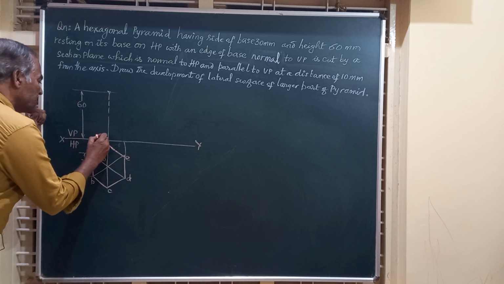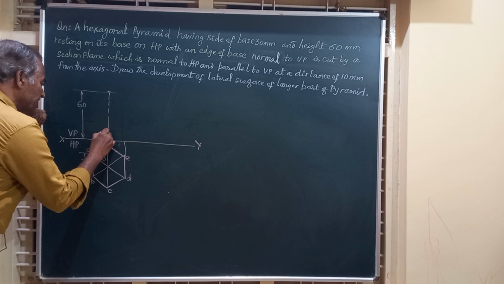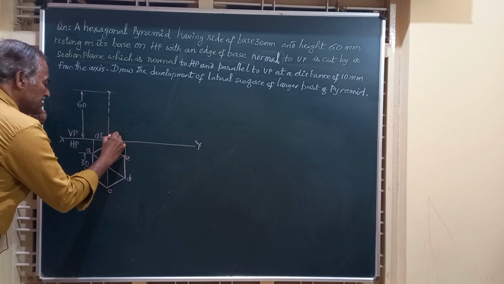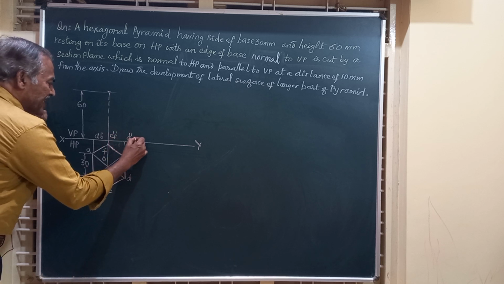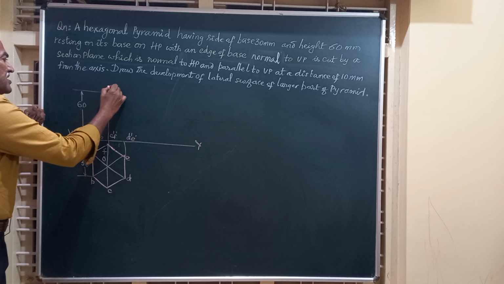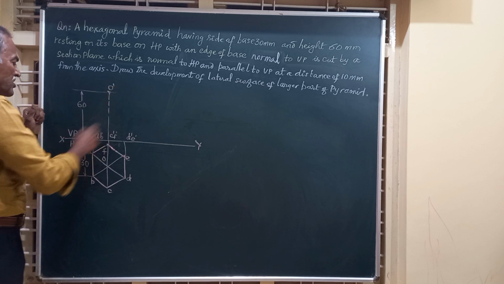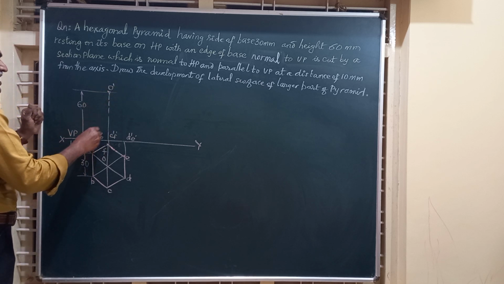Here you have got A dash, B dash, this is C dash, F dash, and the last line is D dash, E dash.